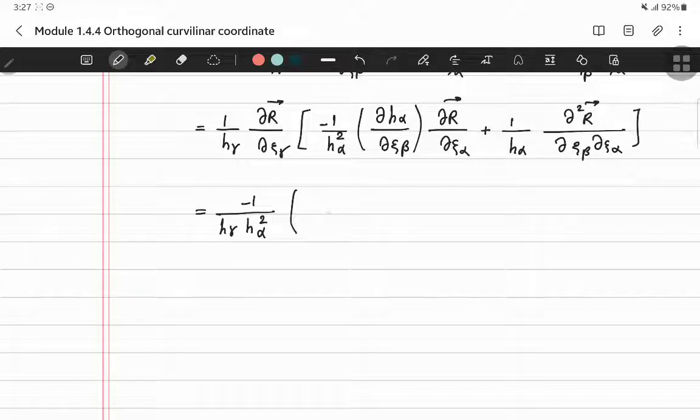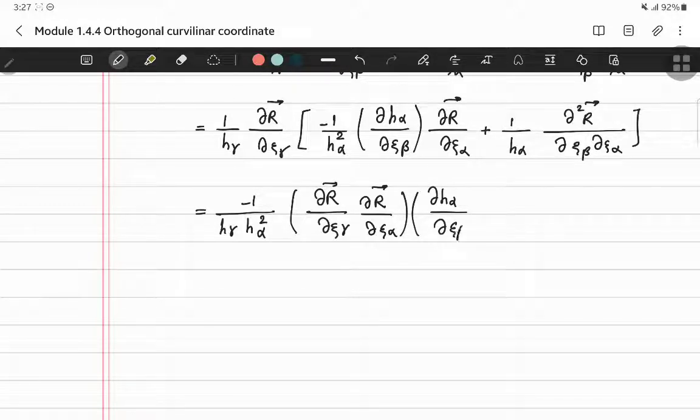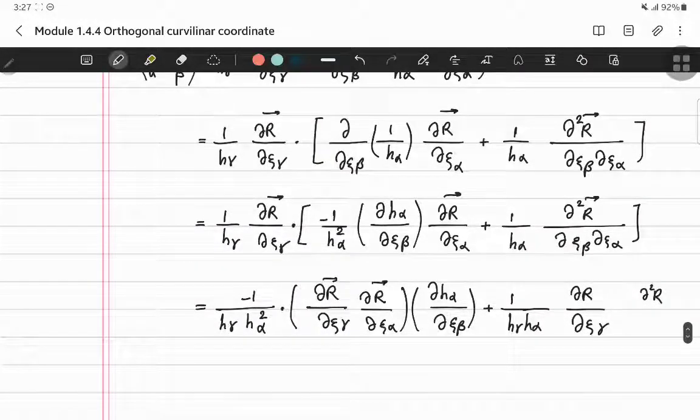So I have the partial derivative of R with respect to Z gamma, the partial derivative of R with respect to Z alpha, and then the partial derivative of H alpha with respect to Z beta, plus 1 over H gamma, H alpha, and then the partial derivative of R with respect to, let's say, Z gamma, dot the second partial derivative. This is dot product basically.